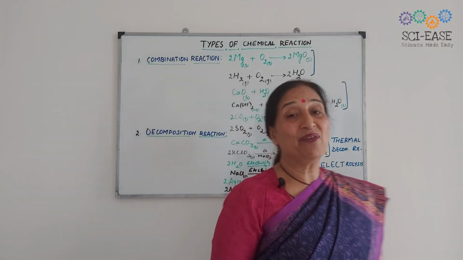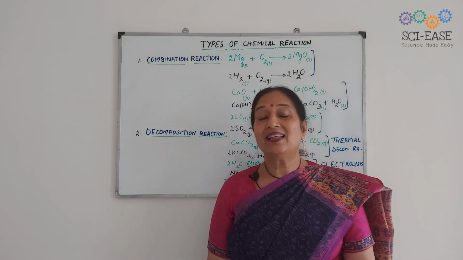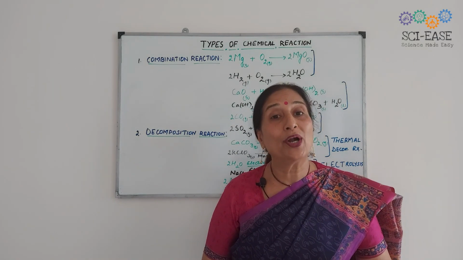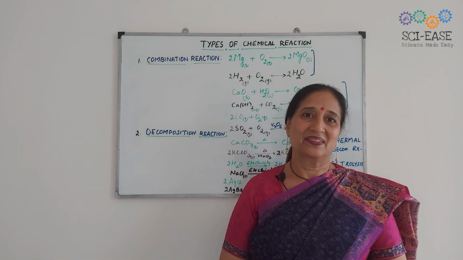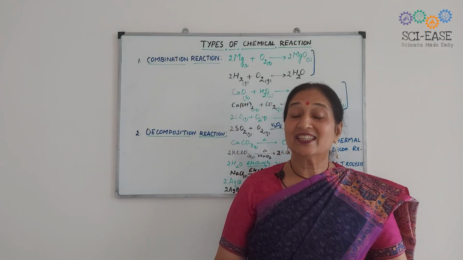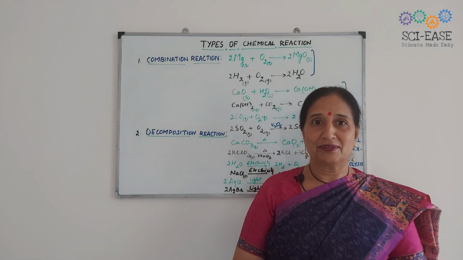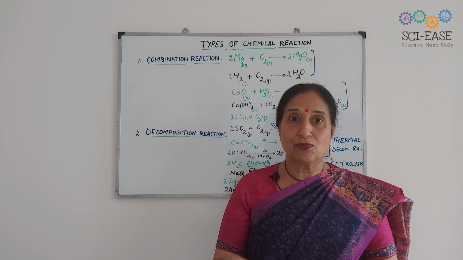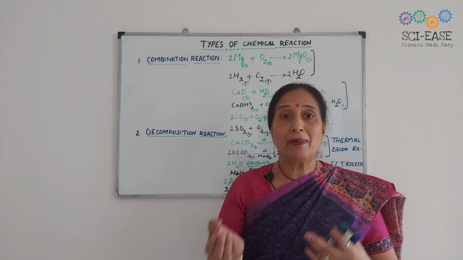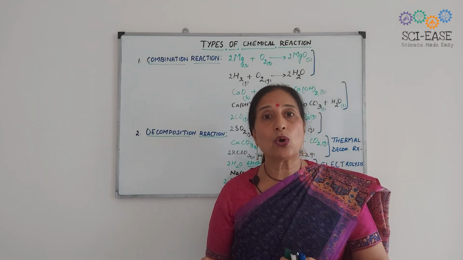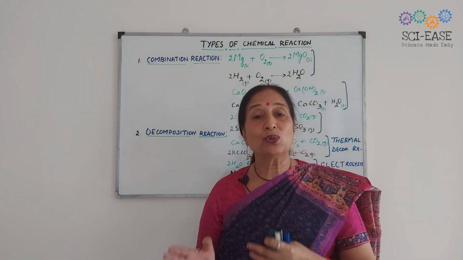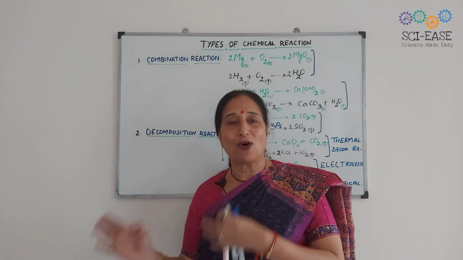Now one thing I want to tell you, that decomposition reactions occur in our body also. You know about the digestion of food. We take very complex food, and that complex food, in the presence of enzymes, is broken down into a simple soluble form.